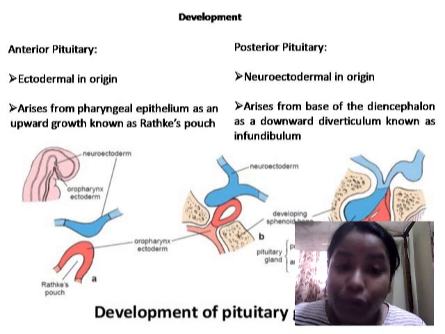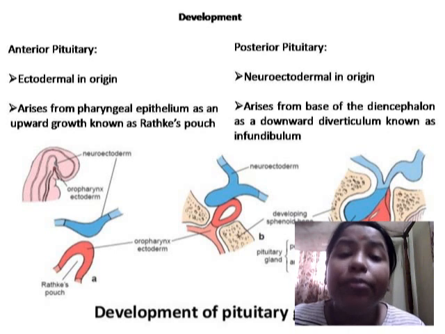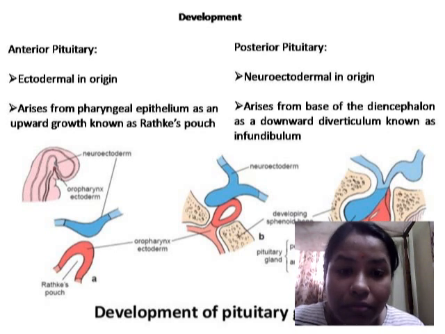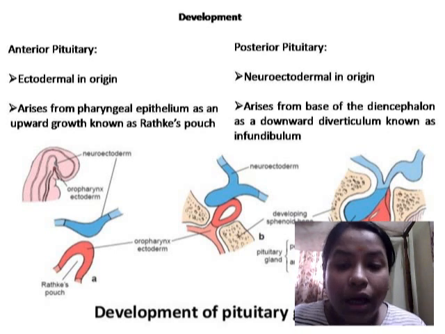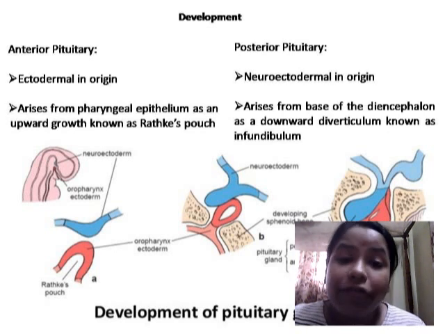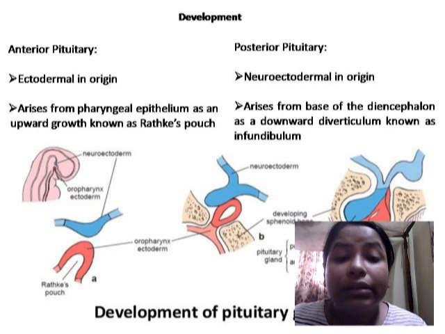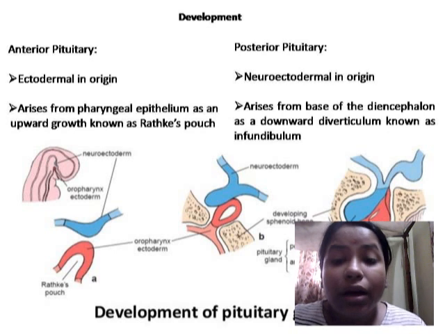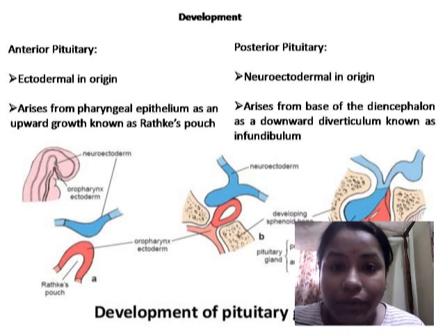Whereas our posterior pituitary is of neuroectodermal origin, meaning originated from primitive neural tissue, and arises from the base of the diencephalon as a downward diverticulum known as infundibulum.